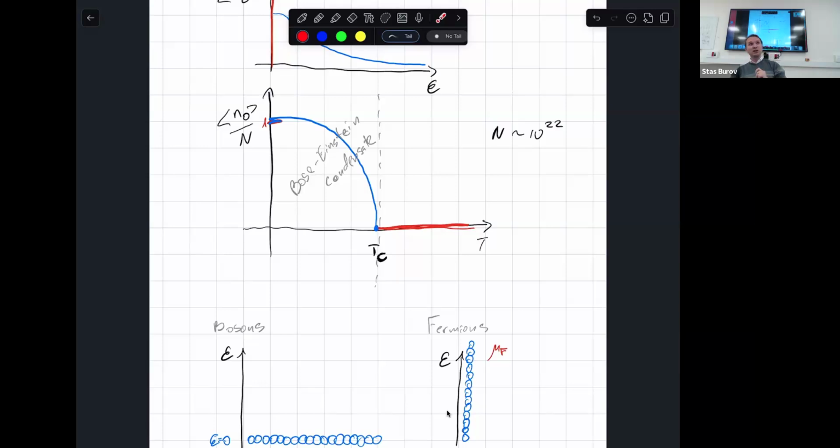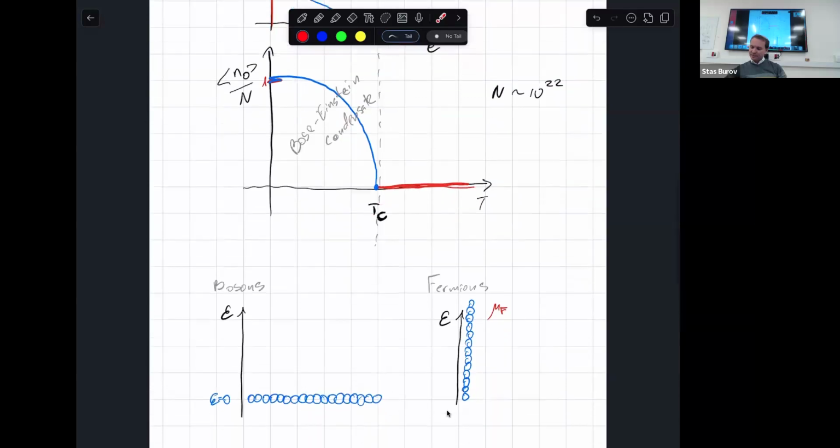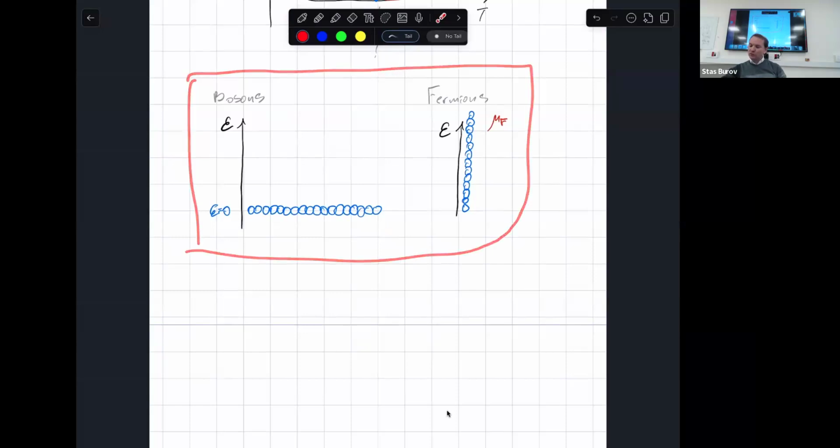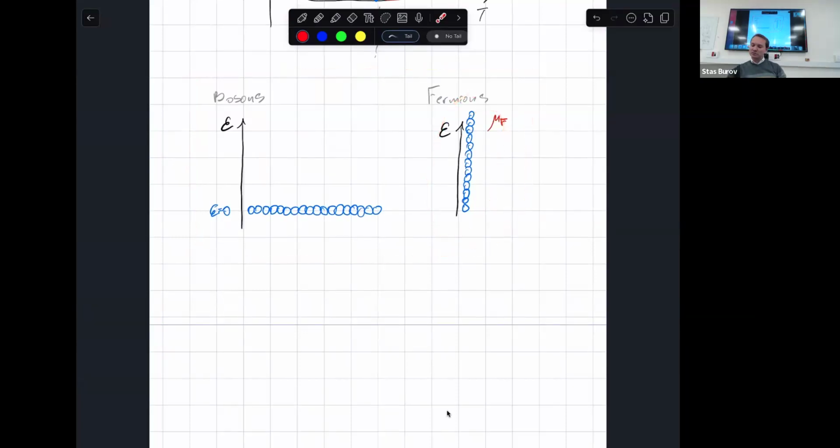We'll try to see how exactly this peculiar behavior occurs on the level of heat capacity. If you want to remember something about the Bose-Einstein condensate and its connection to fermions, it is this picture: contributions of the many for the fermions, condensation on a specific level, and contribution from a single specific level, which is most important.